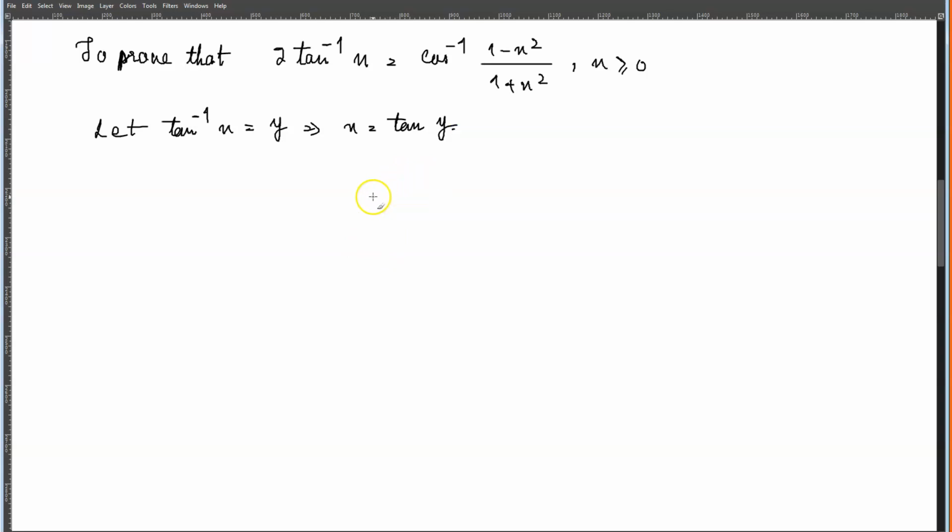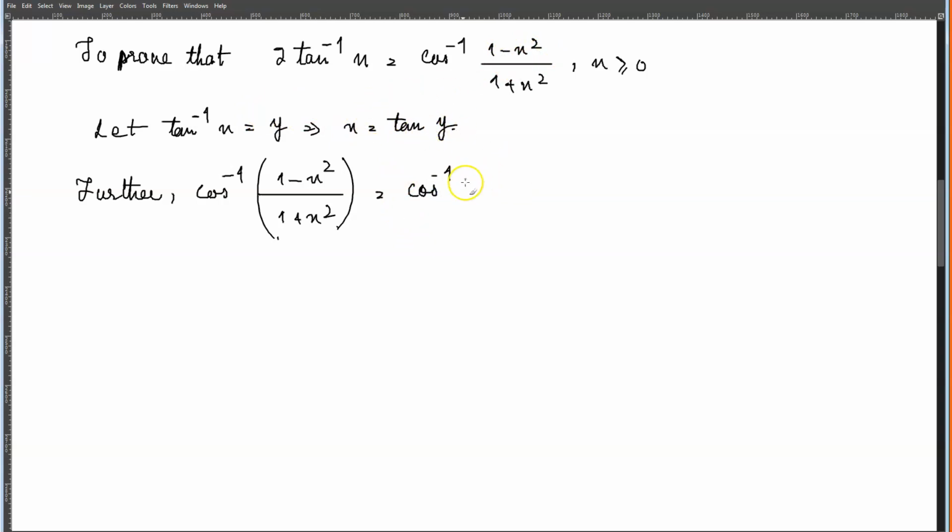Now I can say further that the cos inverse of (1 minus x squared) over (1 plus x squared) is equal to the cos inverse of 1 minus x squared, so x is equal to tan of y.